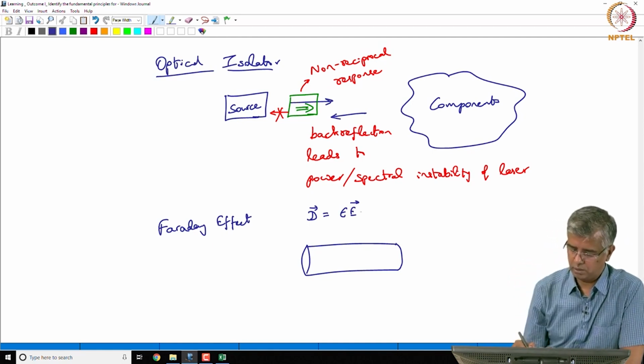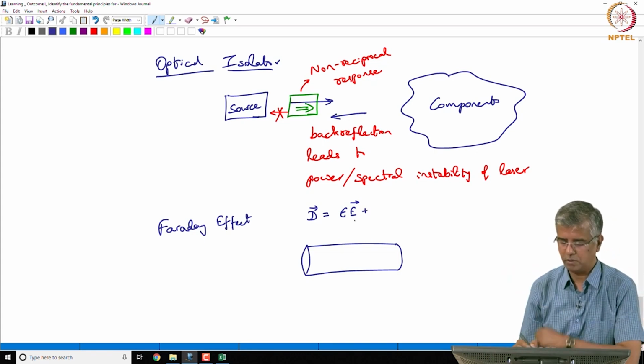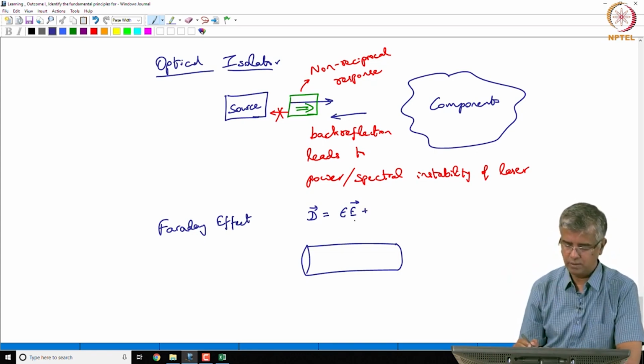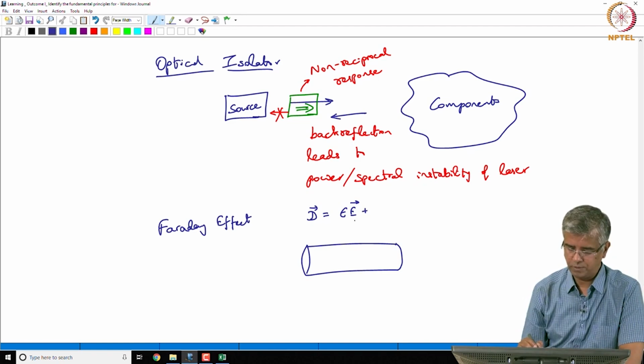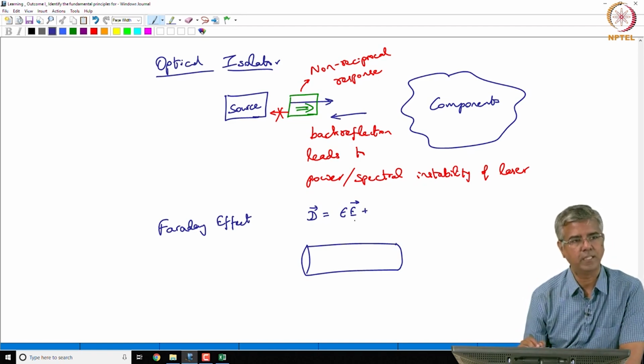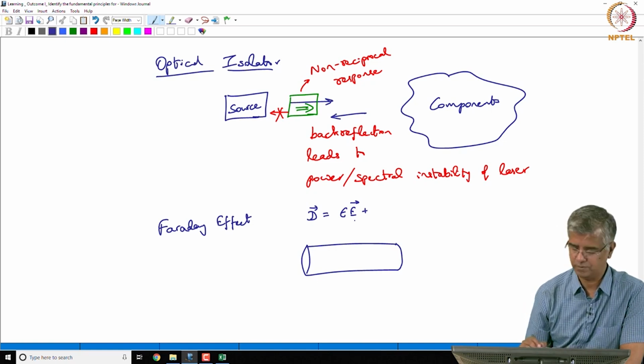But it so happens that there is also a response in terms of changing the polarization of light in the existence of an external magnetic field. Okay.